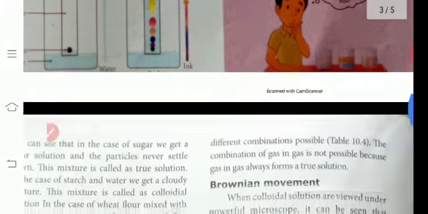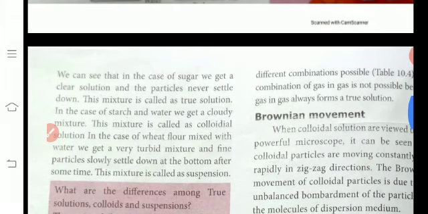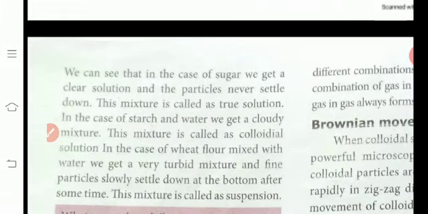Then we can see in the case of sugar we get a clear solution and the particles never settle down. If you add sugar to water, sugar is the solute and water is the solvent.